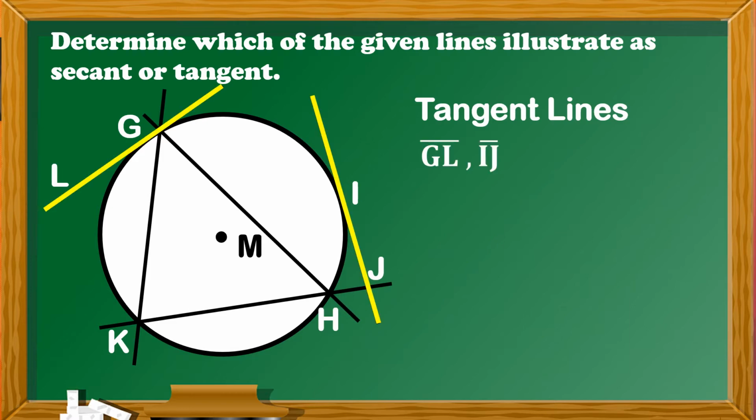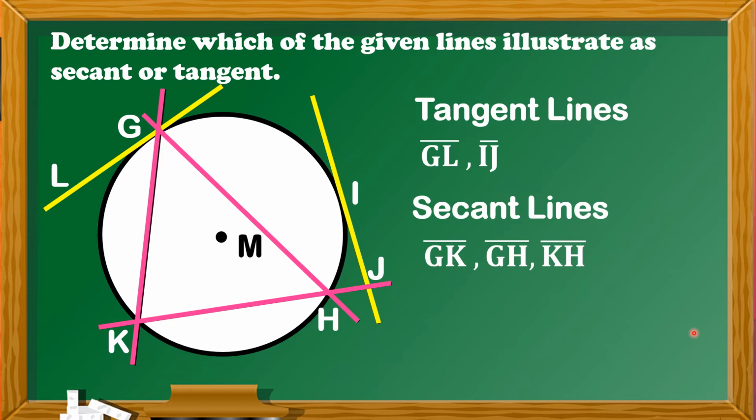So here we have line segment GL and line segment IJ as the tangent lines of circle M, wherein the point of tangency in line segment GL is point G, and the point of tangency in line segment IJ is point I. For the secant lines, we have line segment GK, line segment GH, and line segment KH.